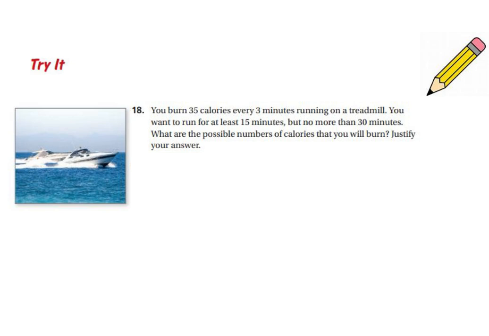We're going to set this up as 35 calories per 3 minutes. And it says you want to run for at least 15 minutes. So if you ran for 15 minutes, how many calories would you burn? Let's set up the same.